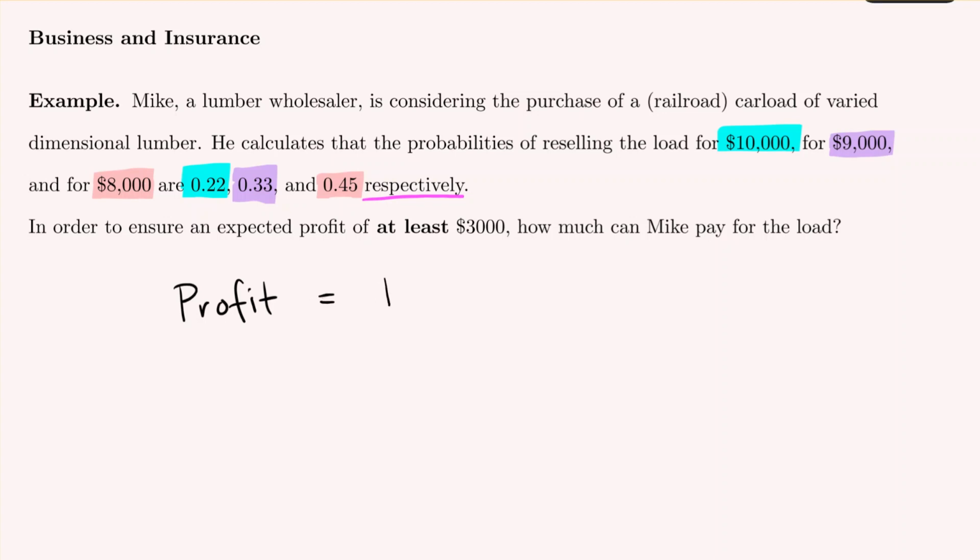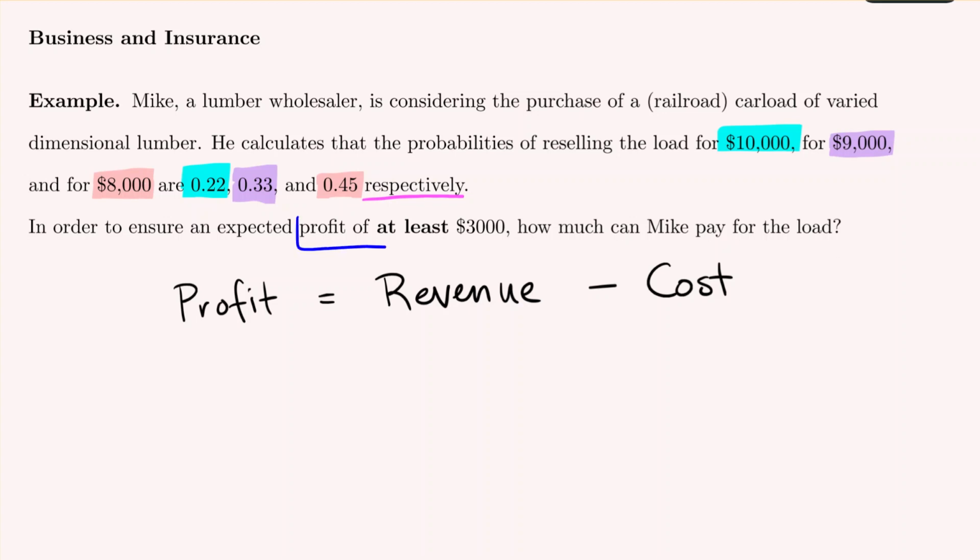Profit is the money that you make from the sale, which is the revenue, minus your cost. Because although he might make a certain money selling it, he began with a certain amount of cost, right? So you have to then subtract your initial cost to see how much you have left over. So keep in mind, if you're ever asked about profit in the future, profit is revenue minus cost.